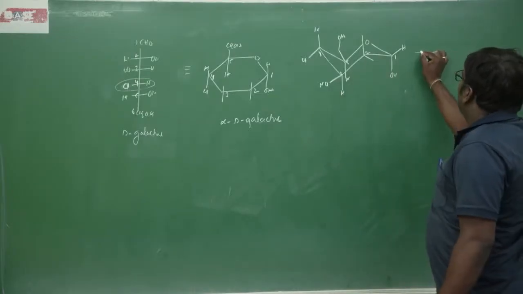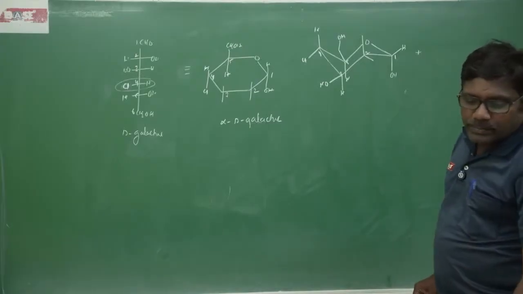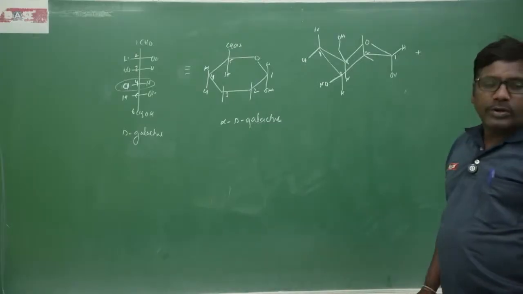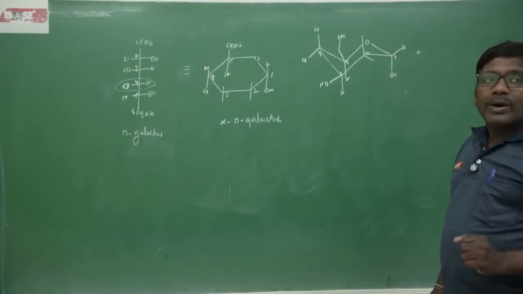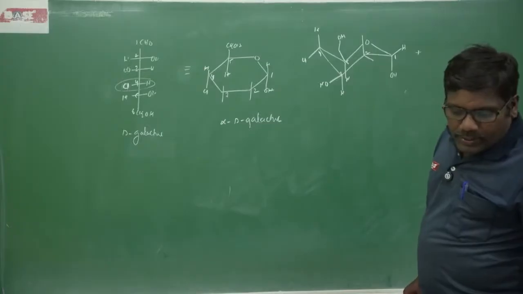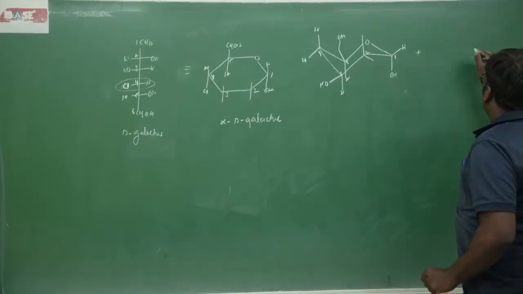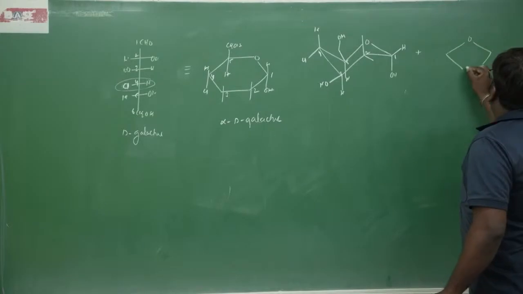This compound reacts with the fructose. Which fructose? 4-chloro 4-deoxy, sorry, 1,6-dichloro 1,6-dideoxy. So first of all, you have to write the fructose structure. Which fructose? Beta fructose structure you have to write.